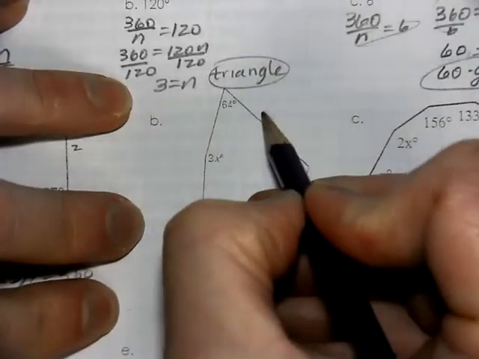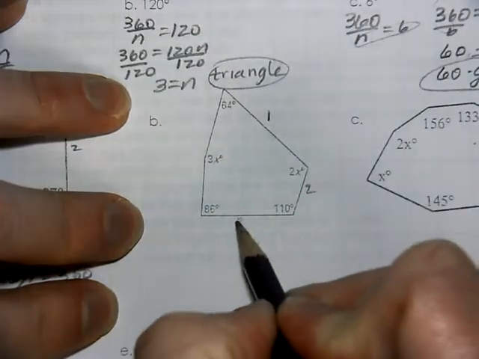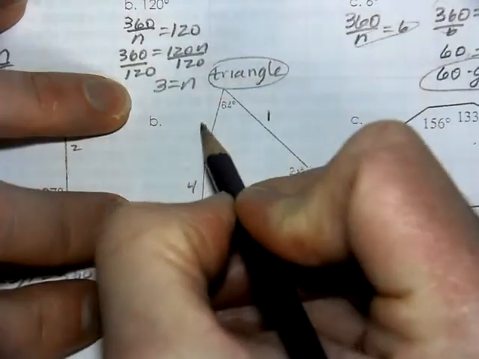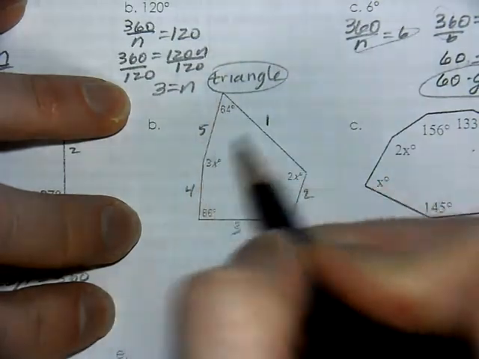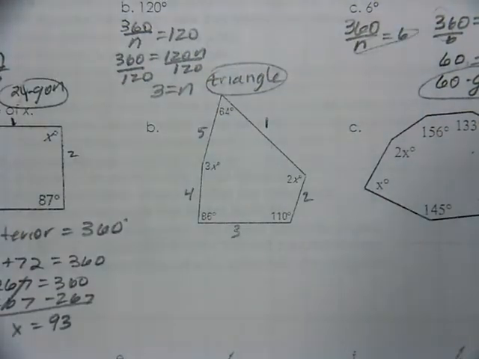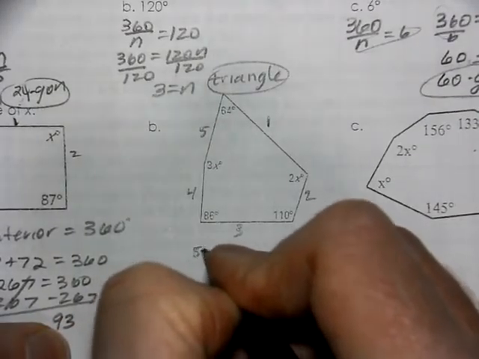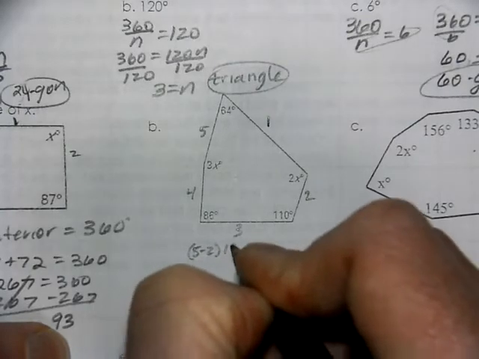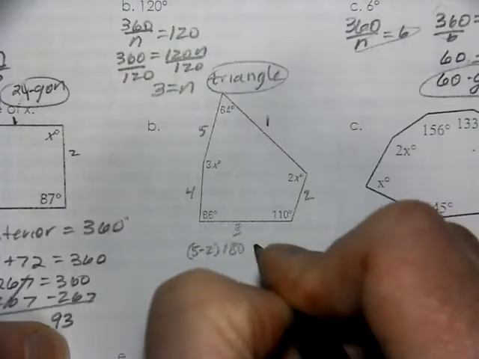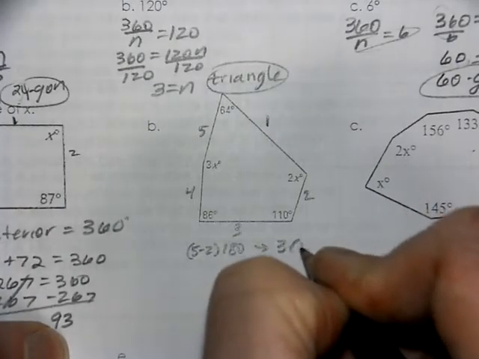Alright, now this one is different. It says an angle here, so it is slanted a little bit. So this has 5 sides. So you've got to do 5 minus 2 times 180. So that is 3 times 180.